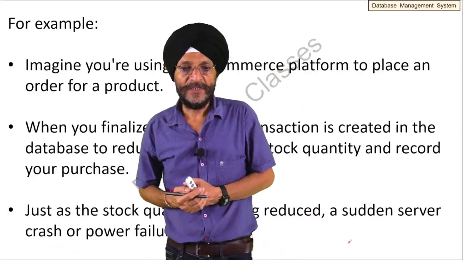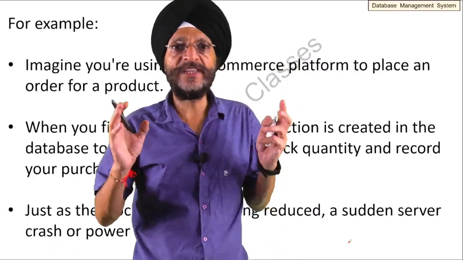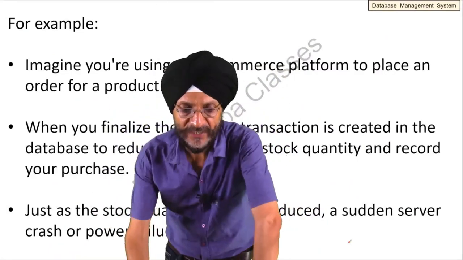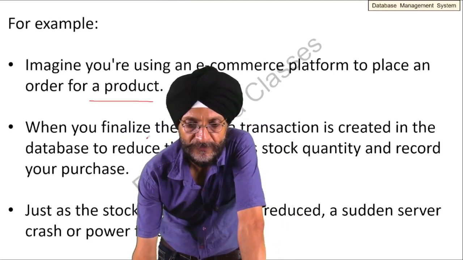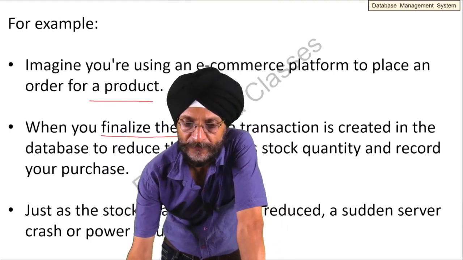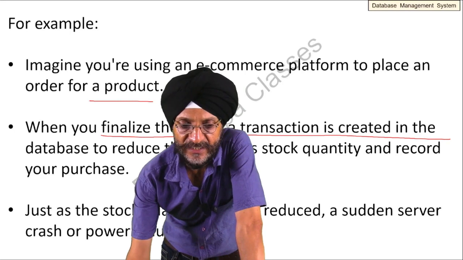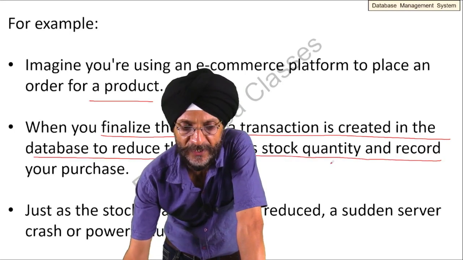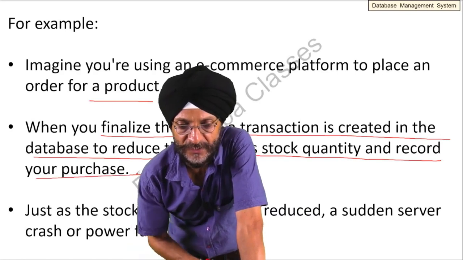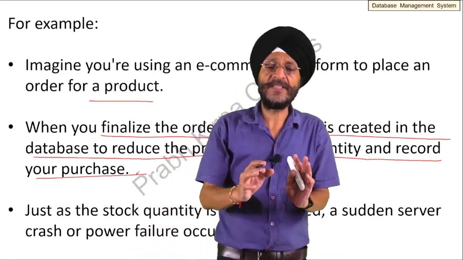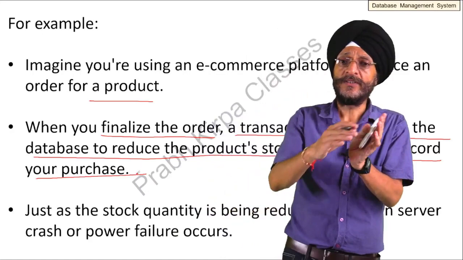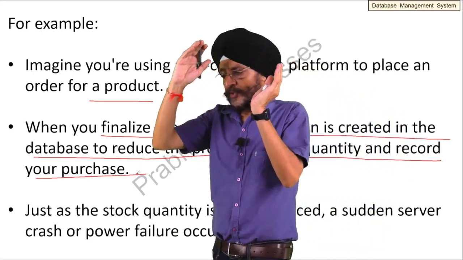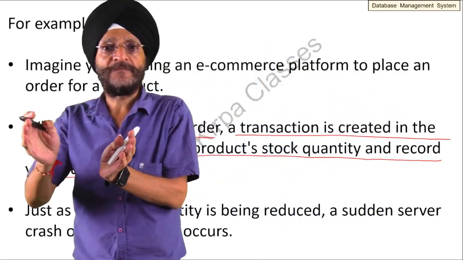For example, imagine you are using an e-commerce platform to place an order for a product. When you finalize the order, a transaction is created in the database to reduce the product's stock quantity and record your purchase. It means that you have placed the order and made the payment.